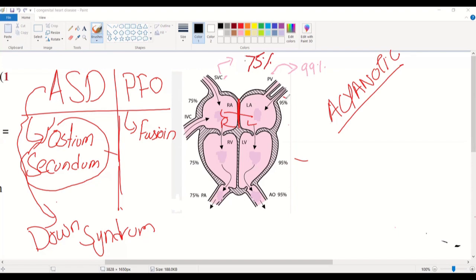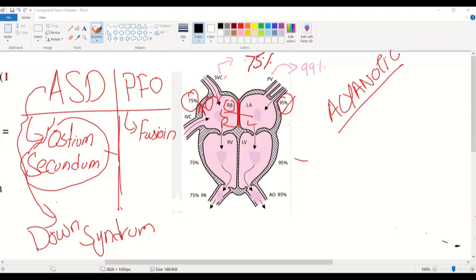The left atrium contains oxygenated blood, 95% oxygen saturation, and the right atrium contains 75% oxygen saturation. If this oxygenated blood mixes with this deoxygenated blood, what change takes place in the right atrium? It will increase the oxygen saturation in the right atrium.